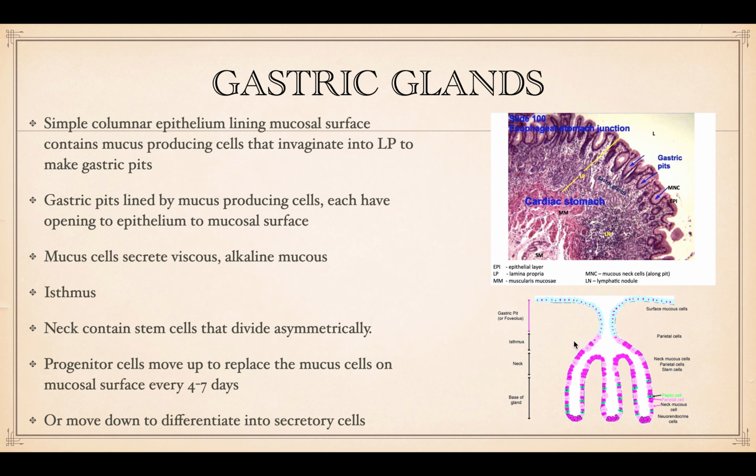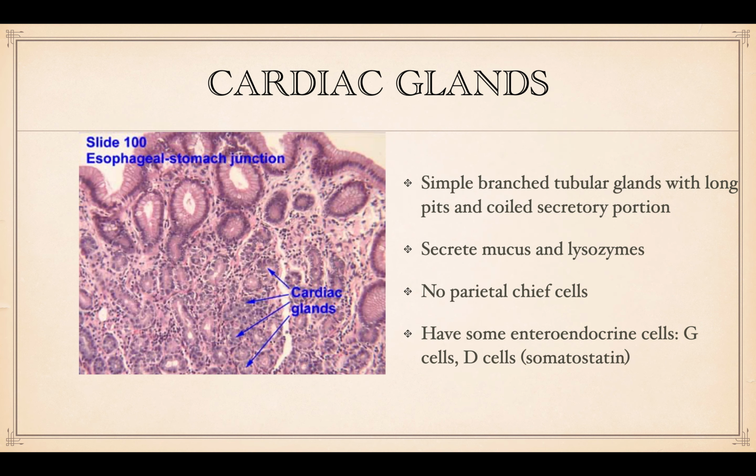And in the neck, there's going to be stem cells that divide asymmetrically. So some of those cells will be saved to make the neuroendocrine cells, and then some of them will be just surface mucosa cells. The progenitor cells will go up to replace the mucus cells every 4 to 7 days. And then they can move downwards to differentiate into the secretory cells.